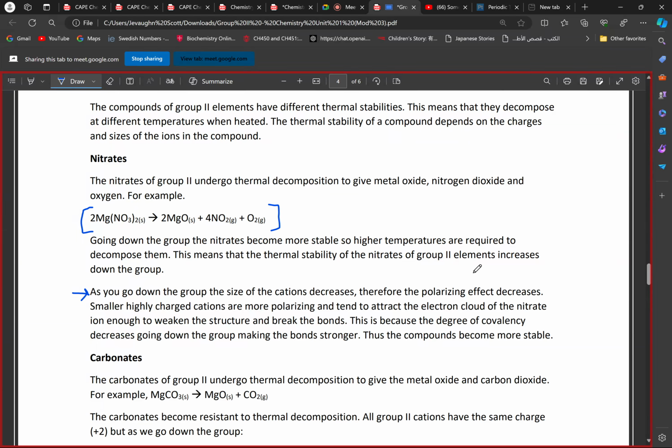So the more we polarize the molecules, the more they behave like ionic compounds. They lose what we call covalency, so it decreases their covalent character and increases their ionic character.